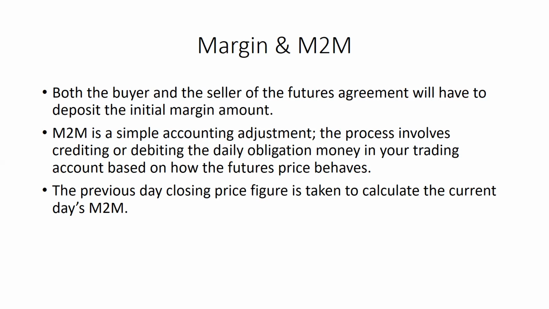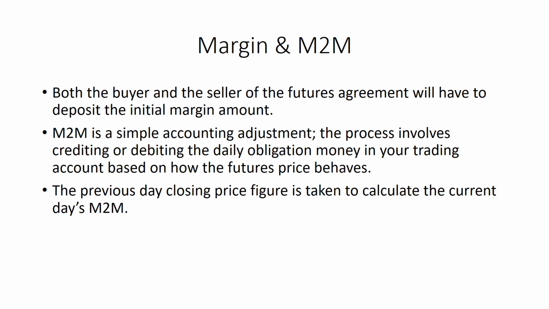This mark to market is the margin which I told you. It is decided on the basis of the position. Suppose you buy a future today at 1,000 rupees, and at the end of the day the price has reduced to 900 rupees. So 1,000 minus 900, a 100 rupees loss. This will be reflected in your profit and loss statement, and the position which you will be holding on the next day will open at 900 rupees.